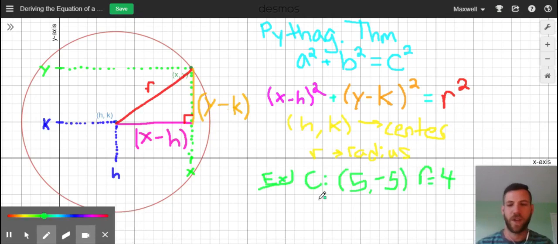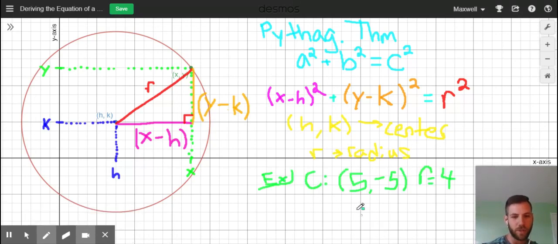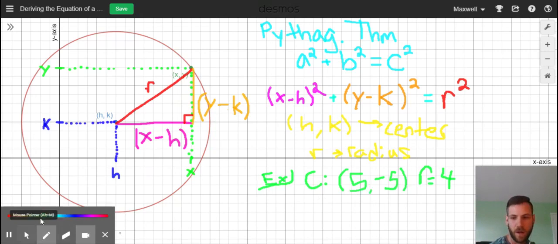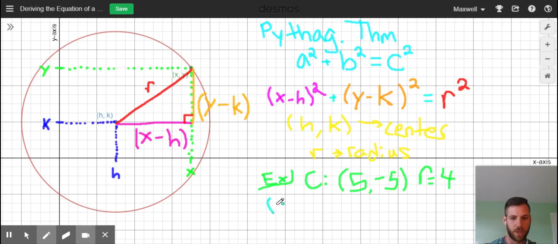And we can do a quick example here before we end the video. We could have a circle with a center at (5, -5), and a radius of 4. And if I wanted to put that into an equation of a circle, I would just do x minus the x part of my center, which is the h in our formula, squared, plus the y minus the y part, or y minus -5 squared, equals 4 squared, which is the radius when its radius is 4.